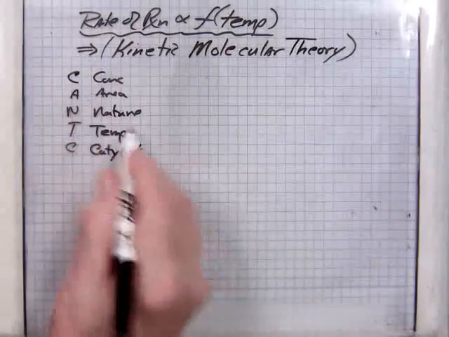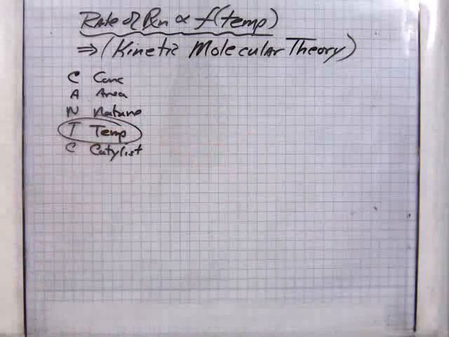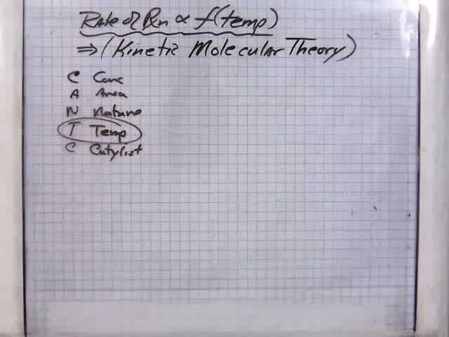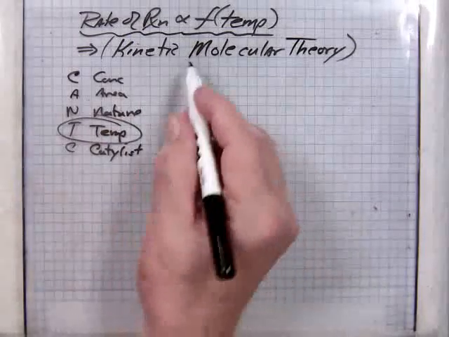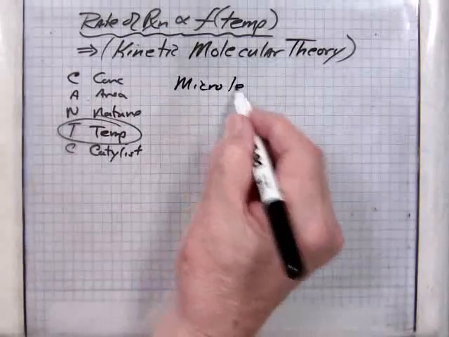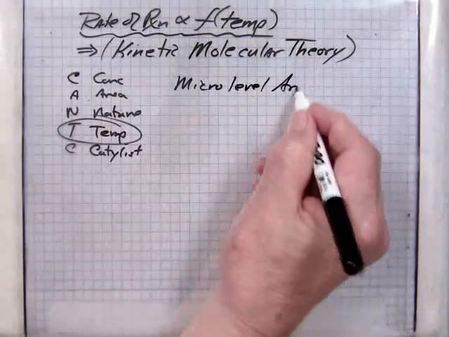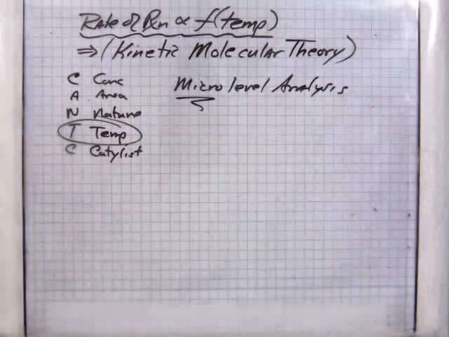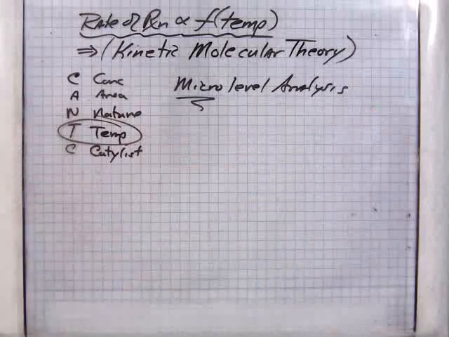But this is the one that it's explained in terms of what we call the kinetic molecular theory. The kinetic molecular theory is a micro level analysis. That is, when we say micro versus macro, micro refers to the effect of particle level behavior.